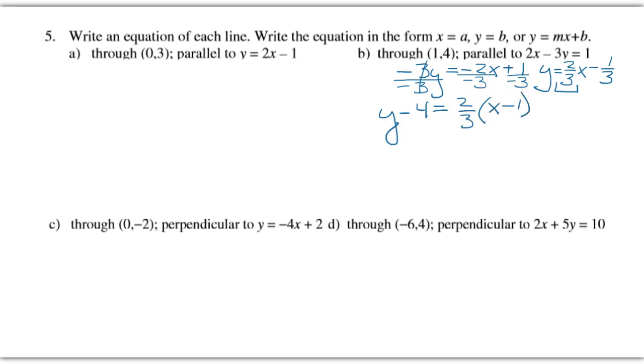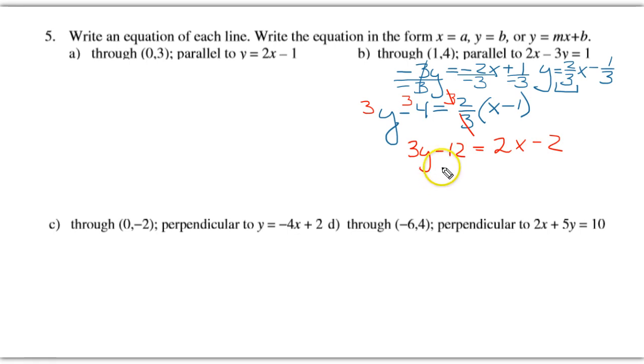Again, I want to get rid of my fractions, so I'm going to multiply everything by 3. So here I now get 3y minus 12 equals, here the 3's cancel out, and I get 2x minus 2.